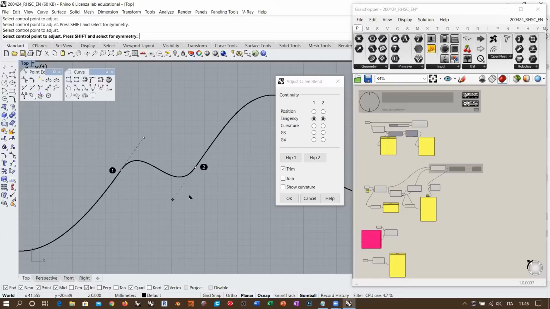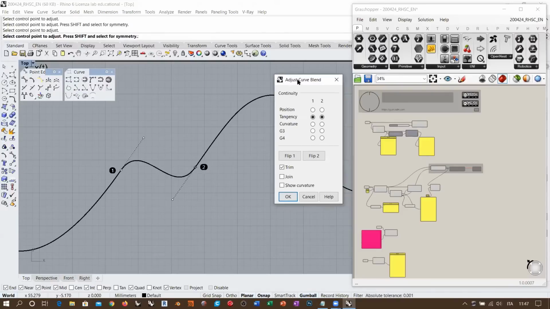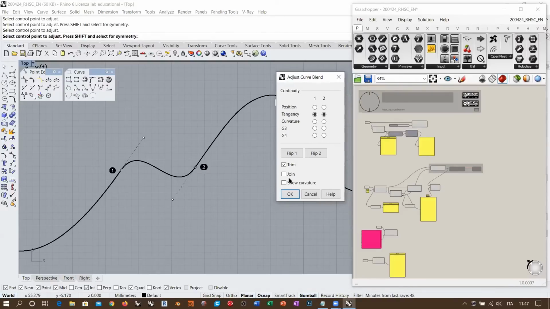So this is automatically doing what I was doing by hand, creating a straight line as the continuous line with respect to the final tangent to the first curve, and placing the second control point along that line. This is doing it automatically. Now this is adjustable not only because you can adjust settings here in this window, but also because you can edit the control point position.